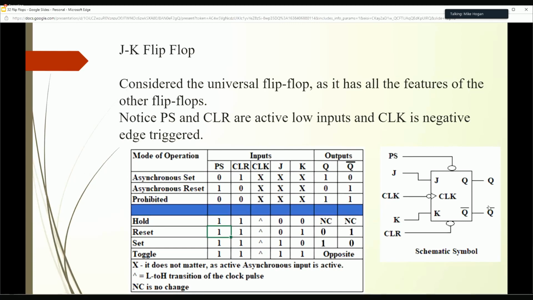Q is a 0, Q naught is 1. If I get a 1 on J, so a 1 on J, a 0 on K, this is just like the S. J active is going to cause Q to be a 1. Q naught would be the opposite.